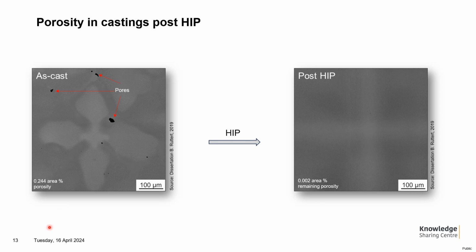The porosity is completely gone, and we now have obtained a virtually defect-free microstructure having only 0.002 area percent of remaining porosity. And now, of course, we are very much interested in the effect of having no porosity on the mechanical properties of our component.